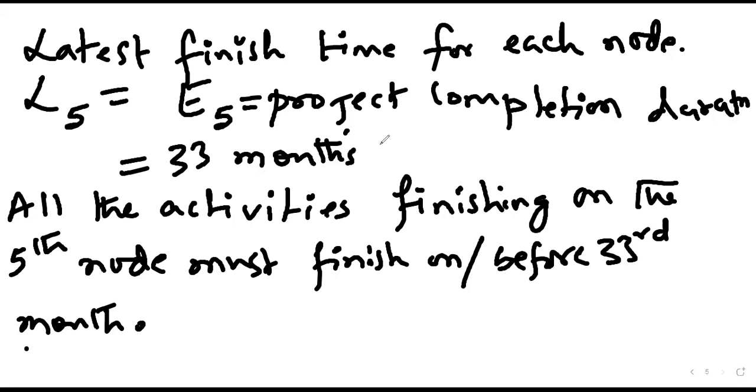So what will be the equation for L4? In case L5 is 33, that means the activity finishing on the fifth node finishes on the 33rd month. That means the previous activity should finish by which date? I guess it is 4-5.